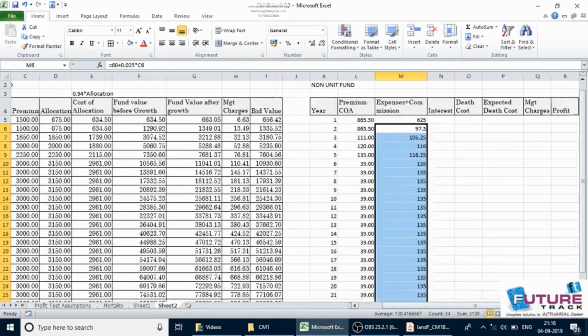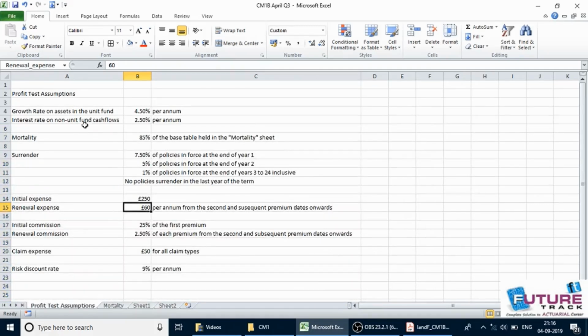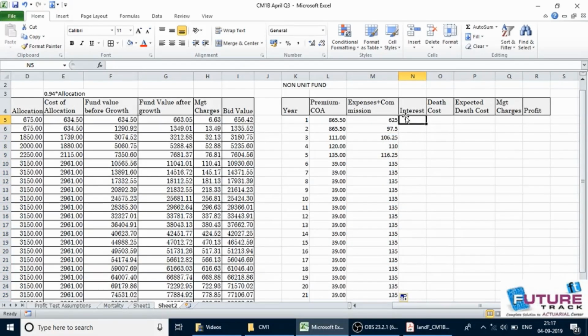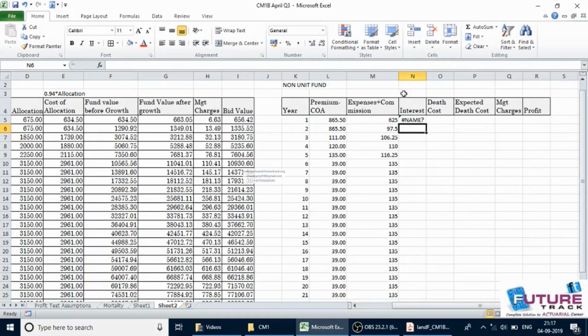Fine. Now we have interest for non-unit fund is 2.5%. So what is interest? This is inflow minus outflow. Fine. Into, let's say, we have not given the name yet.